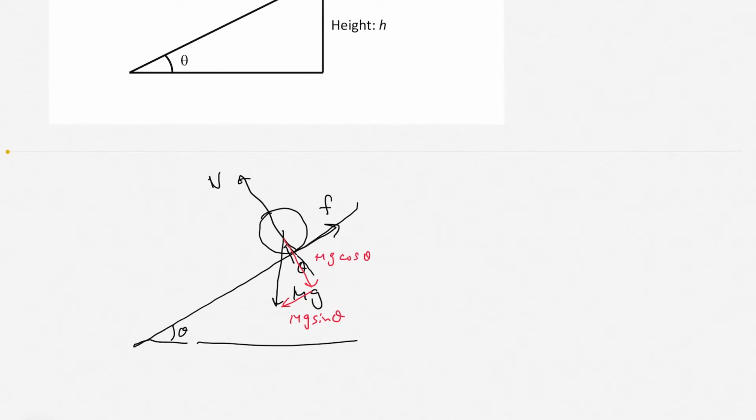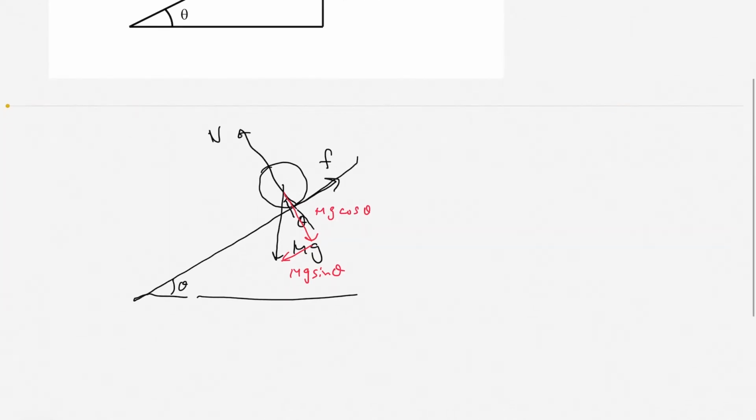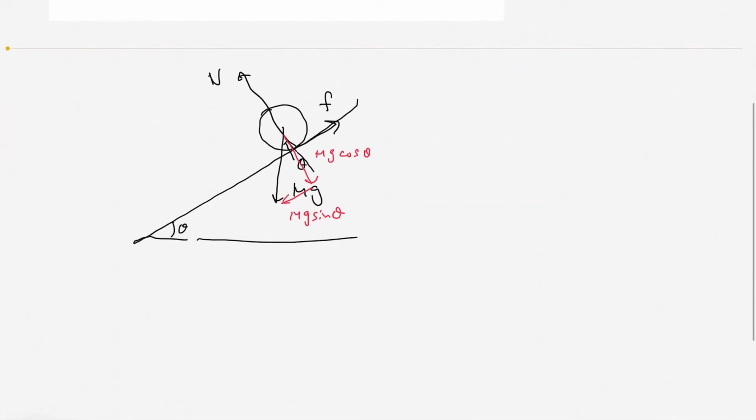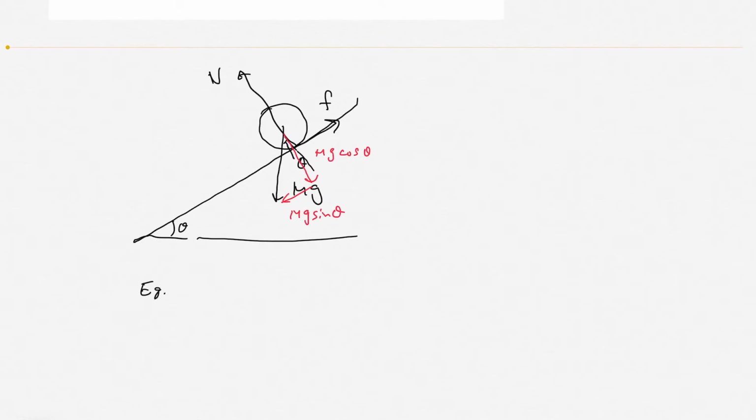Then we can write down the equations of motion. The first one: ma, where a is the acceleration, equals mg sine theta minus f. Friction is directed in the opposite direction, f.